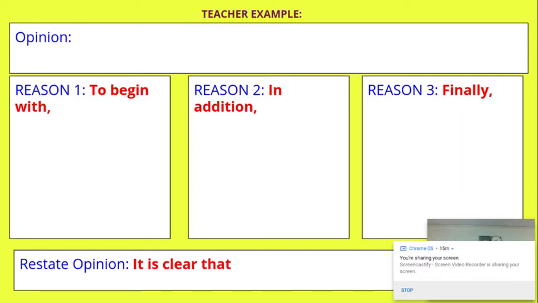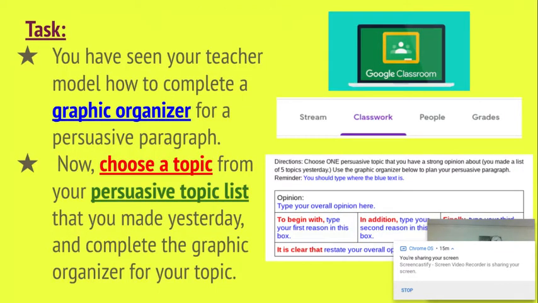students. Okay, so think back to what you wrote for your ideas about writing something that is your opinion, or a persuasive essay. So you saw that graphic organizer that we just looked at. Now you're going to choose a topic from your persuasive topic list.